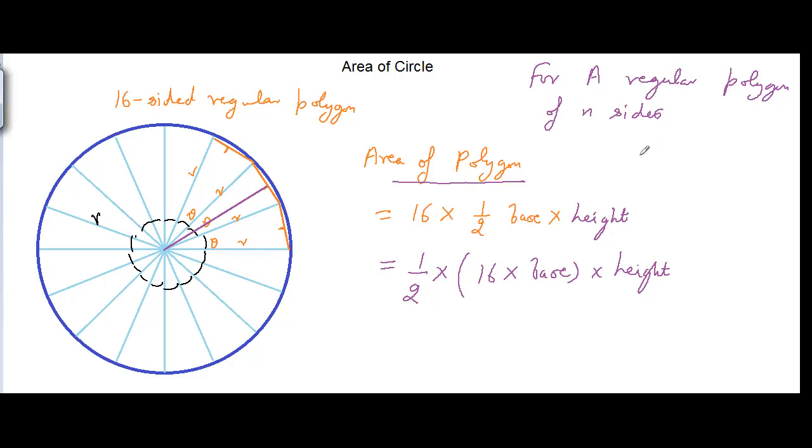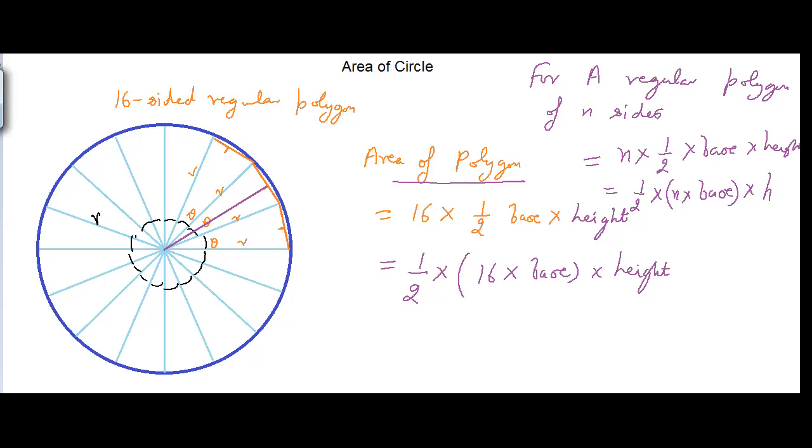Then we will have the area of the polygon given by n times half into base into height. Taking half outside, in the bracket n times base multiplied by height. I am simply representing the height as h.